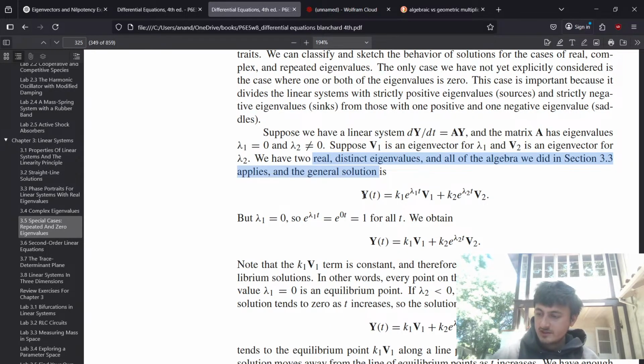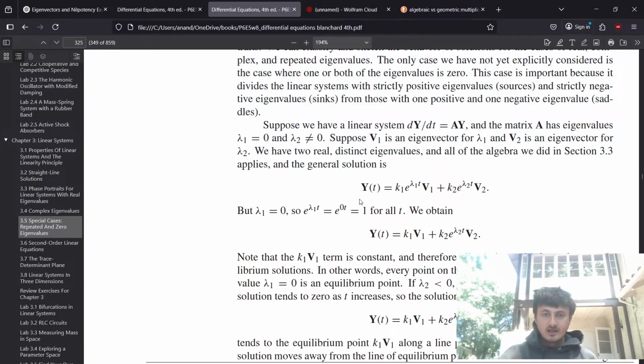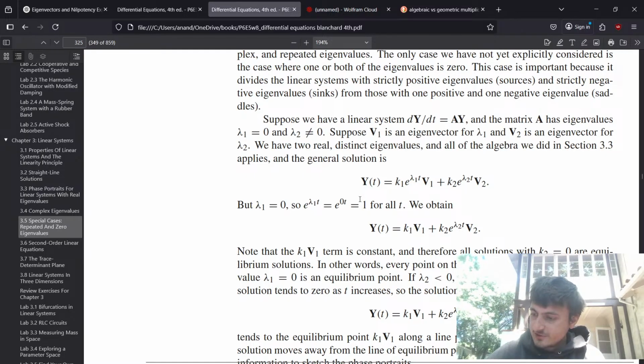So the general solution is going to be the sum of e to the lambda i t times vi, with k1, ki constants. So then we get k1 e to the lambda 1 t v1 plus k2 e to the lambda 2 t v2, but this goes to 0.